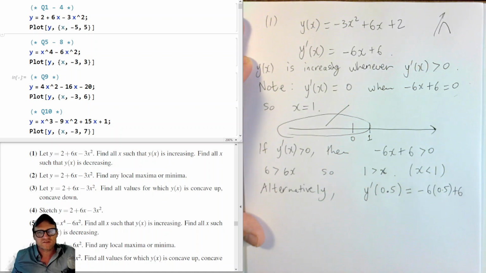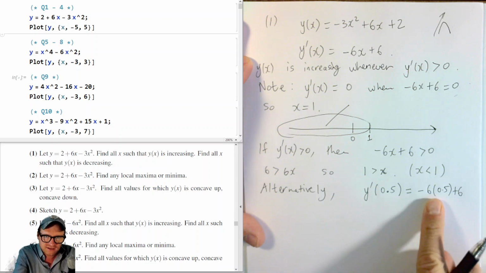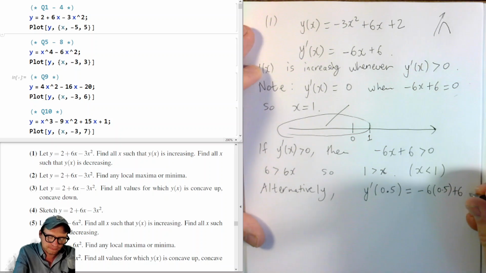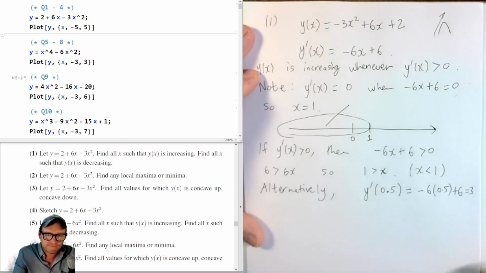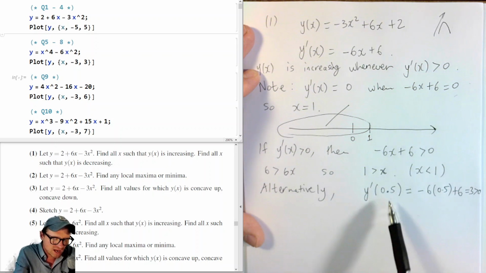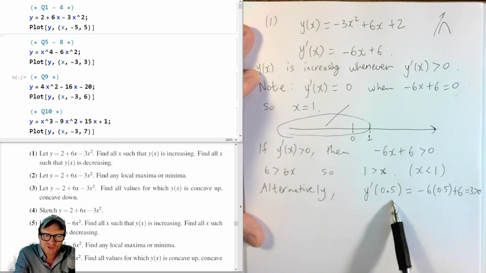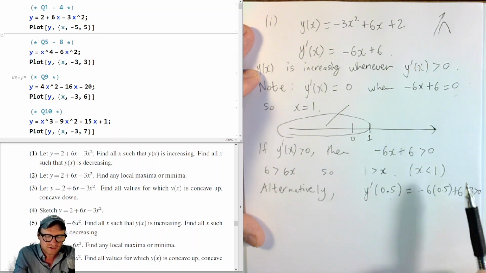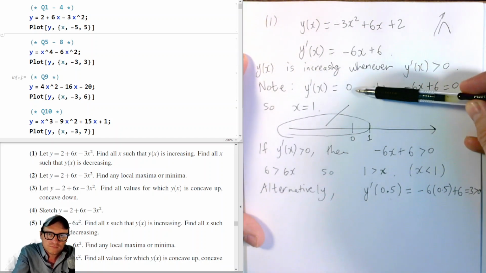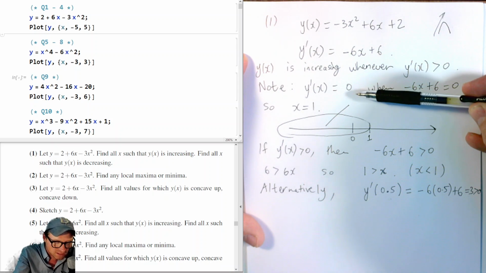Now, is this positive or negative? This is minus 3 right here because that's half of 6. So 6 minus 3 is 3, which is positive. But for this to work, you have to make sure that the number you chose is on one side or the other of the point where the slope of the tangent is horizontal.